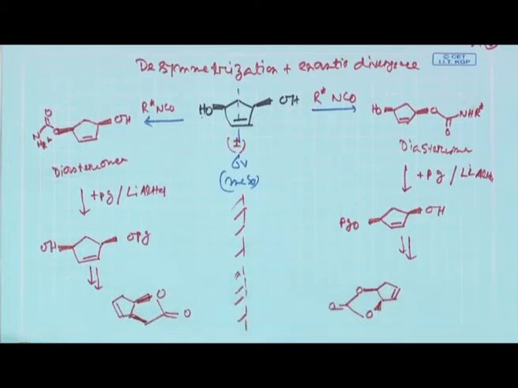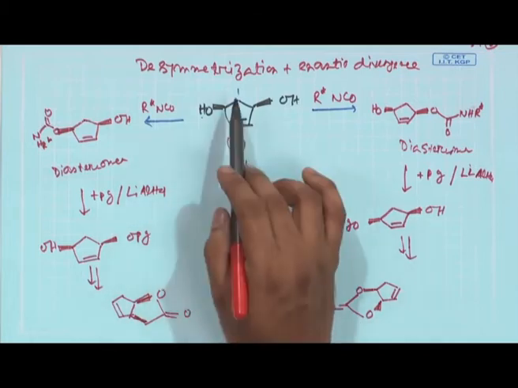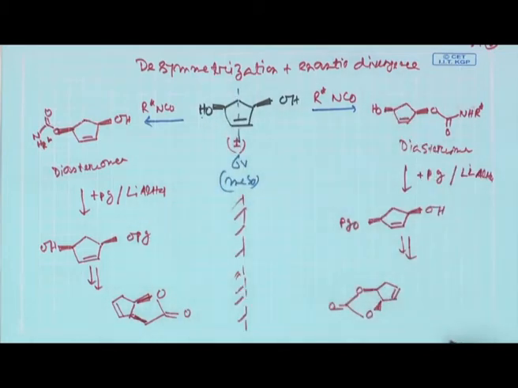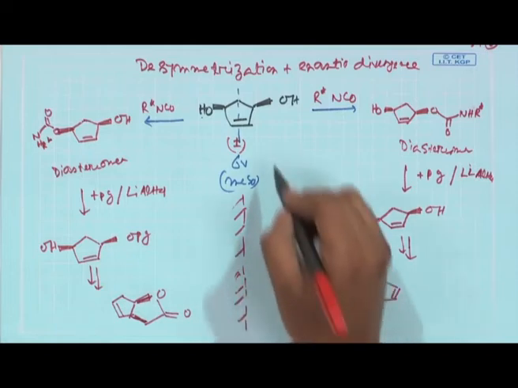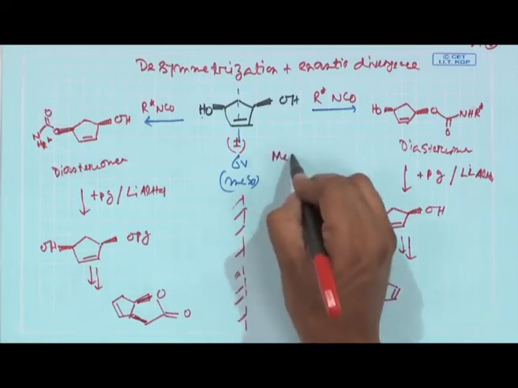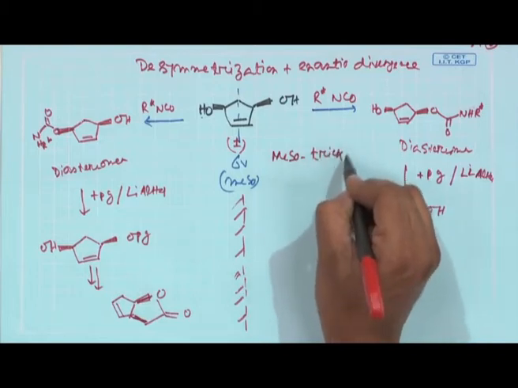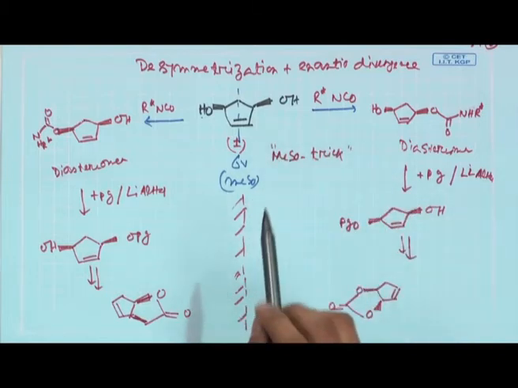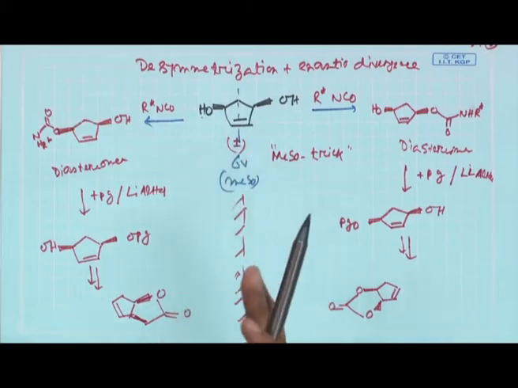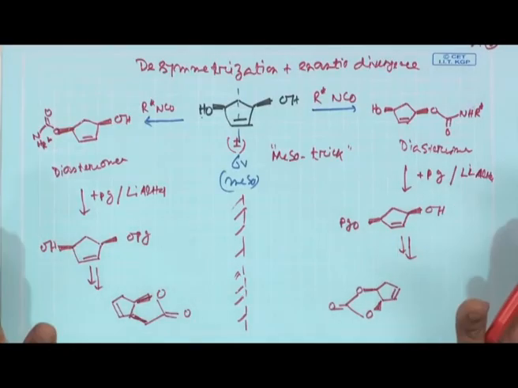So this entire pathway is desymmetrization as well as divergence, and this particular technique is often named the meso-trick. Meso-trick means utilizing the meso compound and its internally compensated chirality to make two diastereomers.